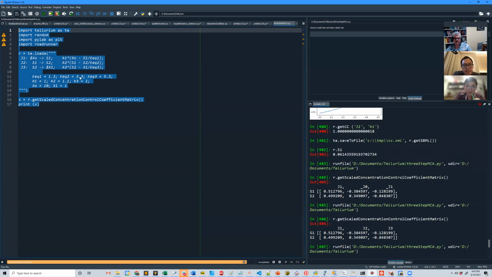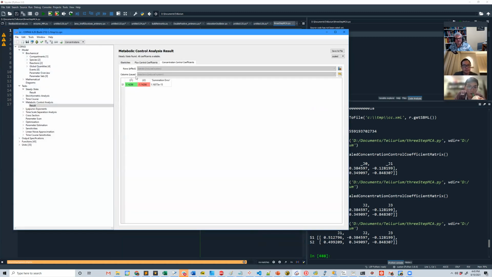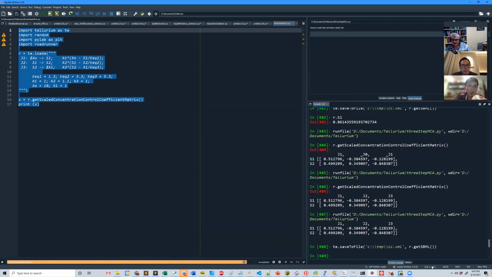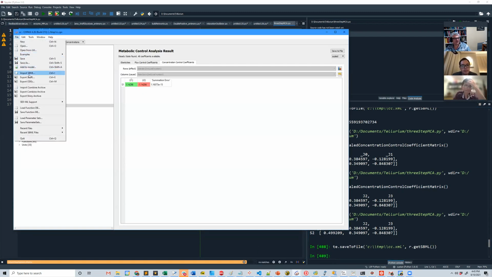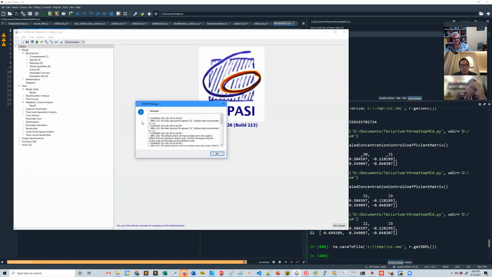So this is a quick way of getting all the sensitivities. Okay, and that's basically what Copasi is showing here. So when you look at Copasi, where is it again? Here. This is a matrix it displays here, and it's the same matrix as this one, all right? In fact, if I save it and then reload the model, import, CC, there it goes.